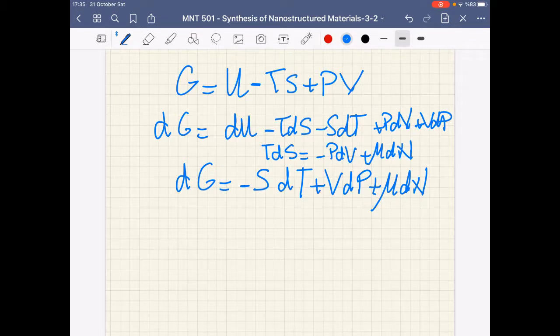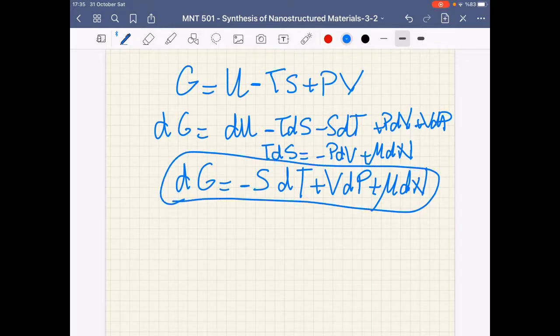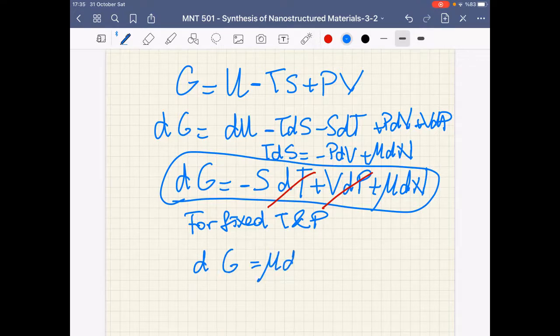Anyways, this one is the thermodynamic identity for the G. And for fixed temperature and pressure, which is the case that is more common in our laboratories, then these terms will go away because they're constant, okay? And my dG will be directly related to mu dN.